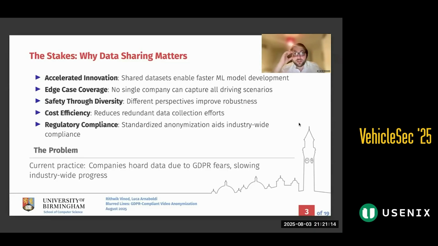It's also cost efficient. If we share the data, we don't have to run a million test drives. And finally, it also allows for diversity: different scenarios, different camera settings, different formats. Sharing these with a wider community of researchers and industry alike allows for a better data set for everybody to learn from and therefore a better solution.